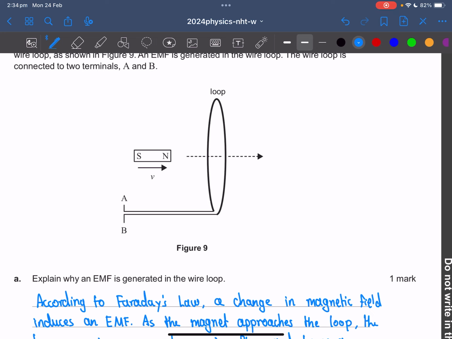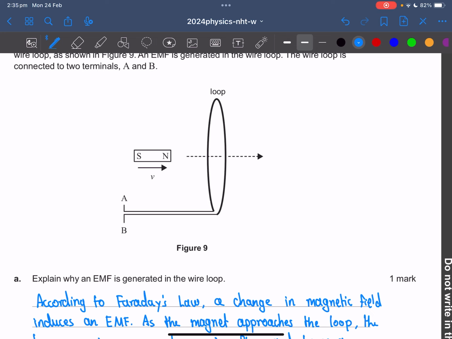So to oppose that, according to Lenz's law, we have to oppose the change in the flux. Now we point the thumb to the left, and the fingers curl anti-clockwise, so our current generated will be anti-clockwise.